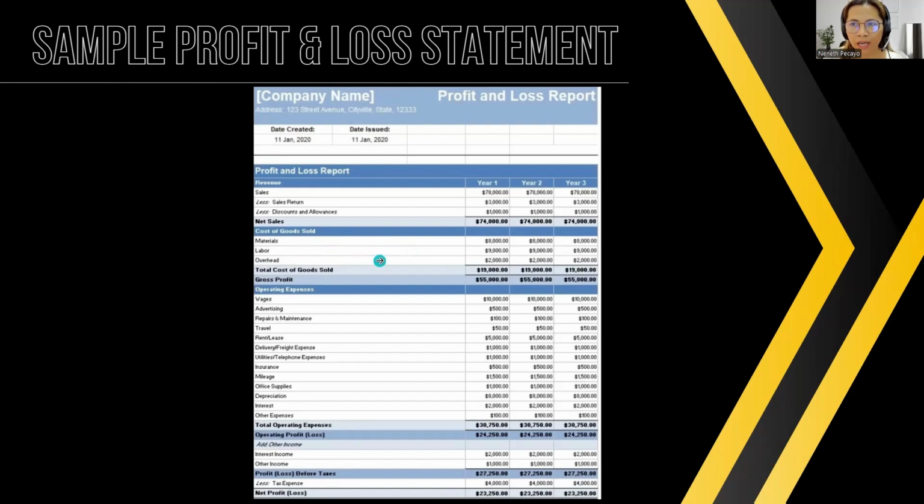And then the overhead is the cost of the items that were used for the manufacturing of the product. For example, for the utilities overhead, you can allocate electricity and water, since they use electricity and water to manufacture or create a product.